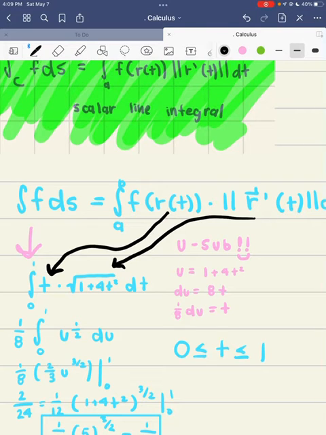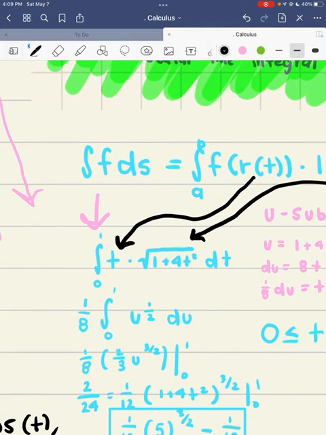After I had this all set up, I realized that I was going to have to use u-substitution. So my u is 1 plus 4t squared, and then the derivative of that is 8t. And then to get something that's equal to t, so we can just plug that in, I got 1/8 du. So I just took that 1/8 out front right here.